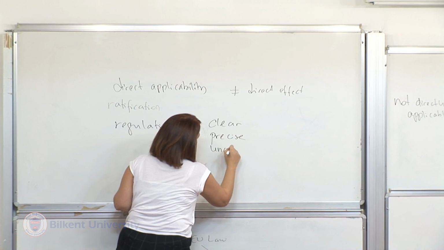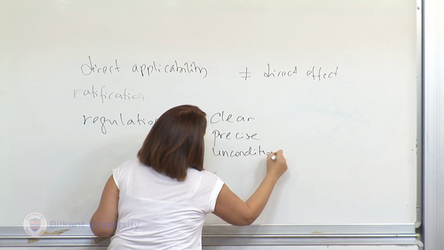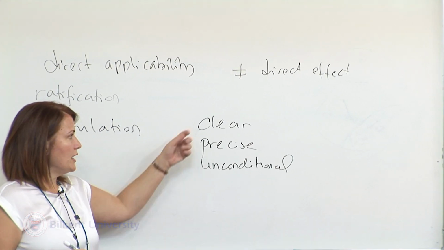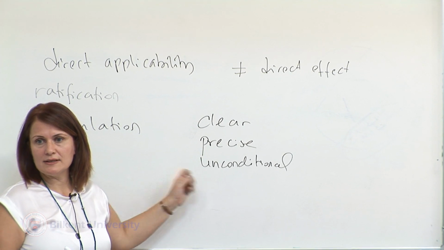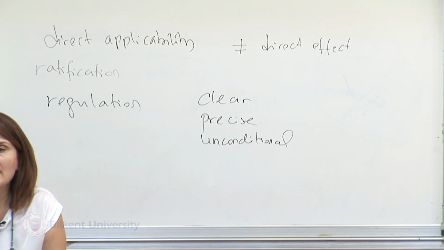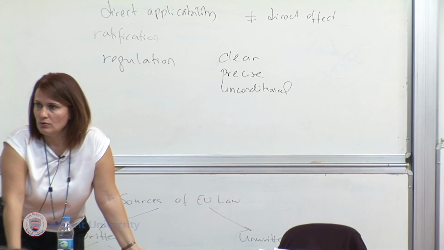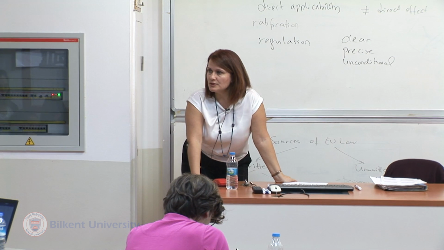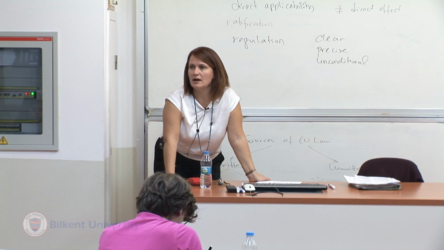Açık, kesin, şartsız. Therefore, it depends on the provision. It depends on the interpretation by the Court of Justice. It finds out whether that provision is clear, precise, and unconditional.